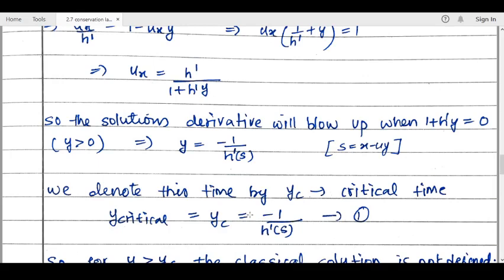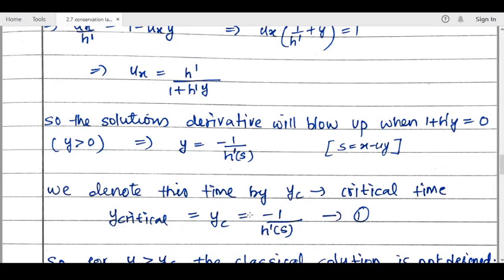When y is greater than the critical time, the derivative blows up and hence there are discontinuities. And our problem is how to find a solution when y is greater than yc. Such solutions are called weak solutions, and the formulation of the PDE is called the weak formulation of the PDE.